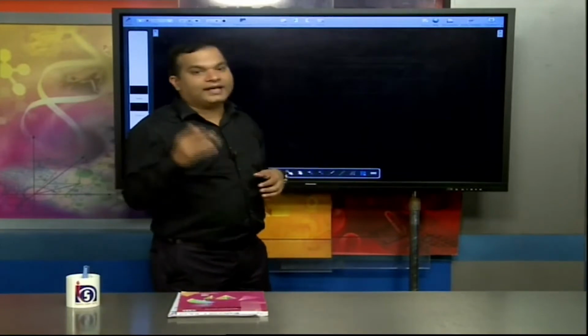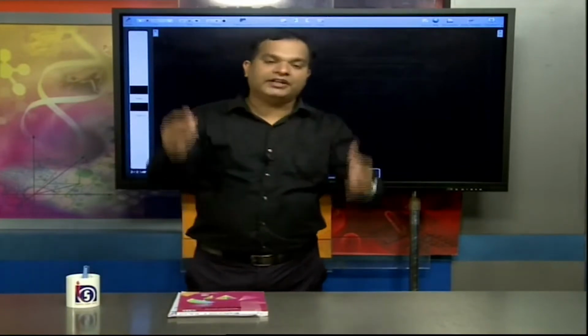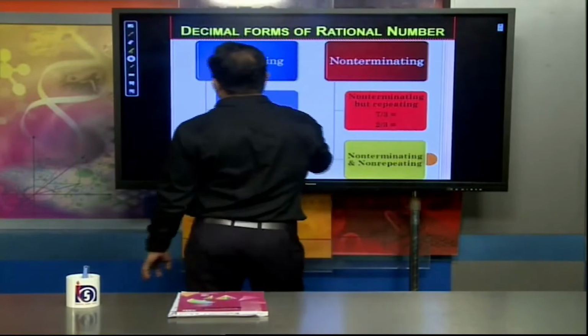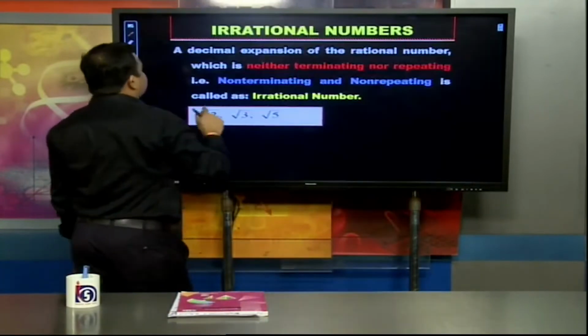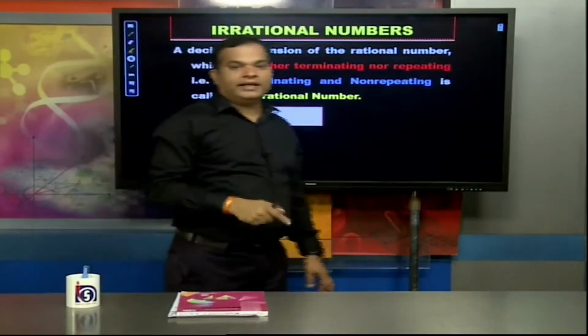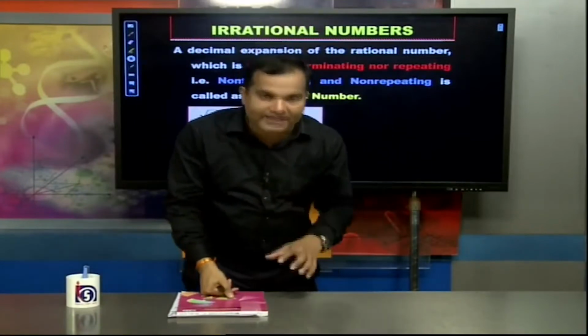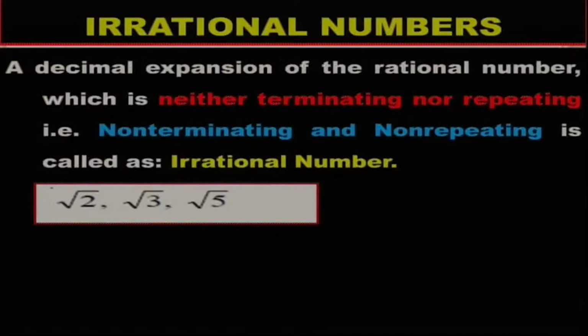These are known as another kind of number, the irrational number. That part will be discussed. Irrational number means those whose decimal expansion is non-terminating and non-repeating.